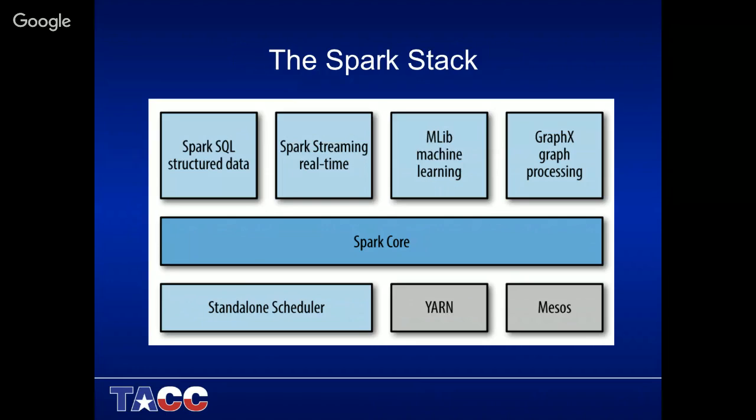And on top of these cluster managers, there's a Spark core, which introduced the Resilient Distributed Dataset, the RDD, and all those operations within this Spark core functions and operations. And on top of the Spark core, there's SQL for structured data, which will handle the Hive query language.